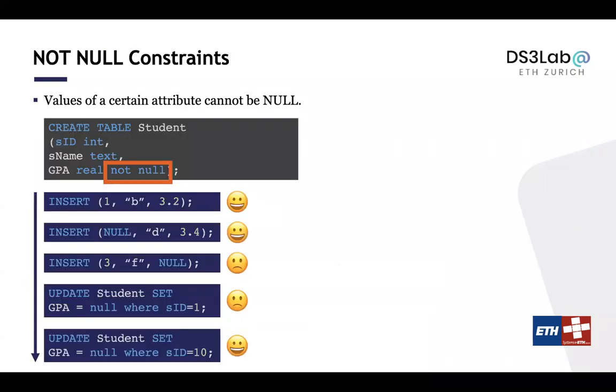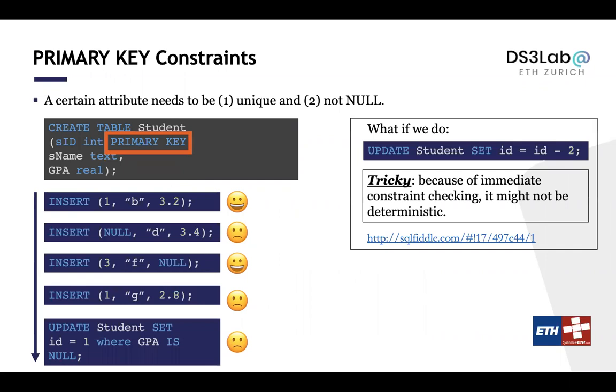So for example, we talk about the not null constraint. Whenever you specify this, it means that whatever value you put into this attribute cannot be null. We actually spend a full lecture trying to work through different cases, which should be relatively easy to understand.